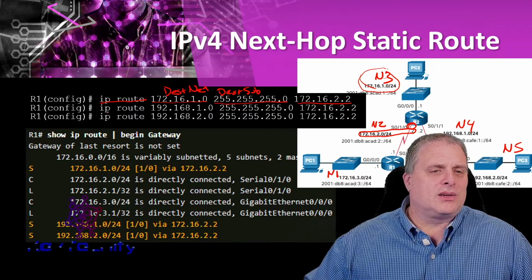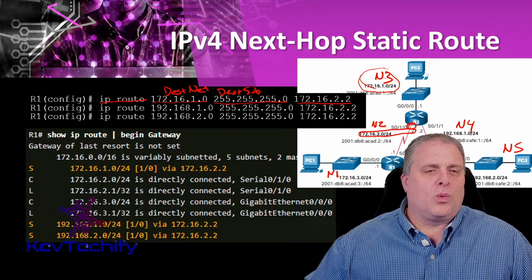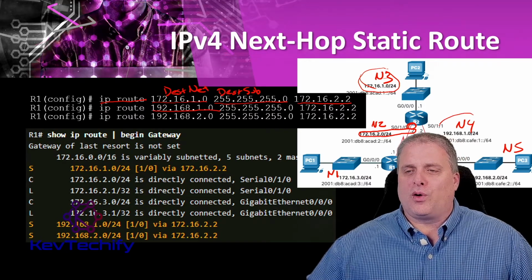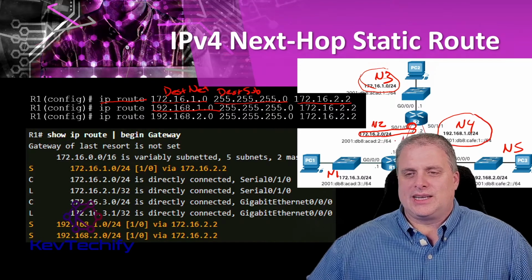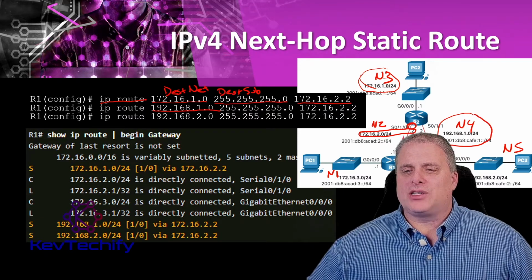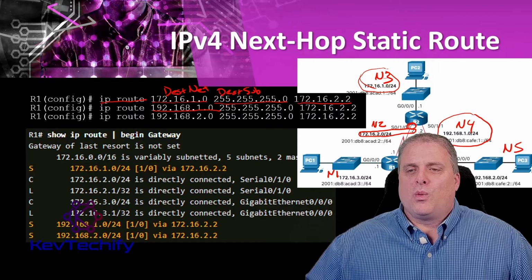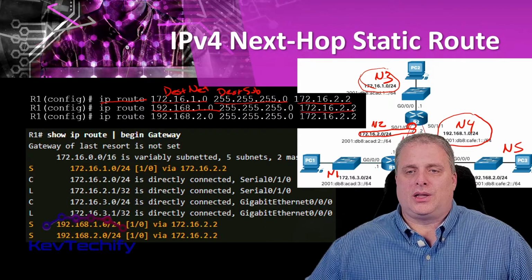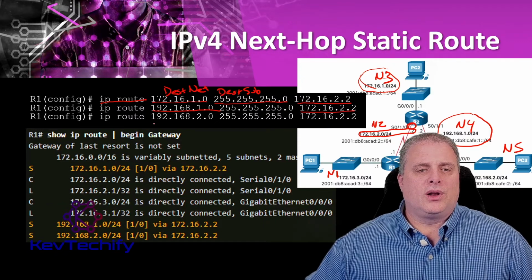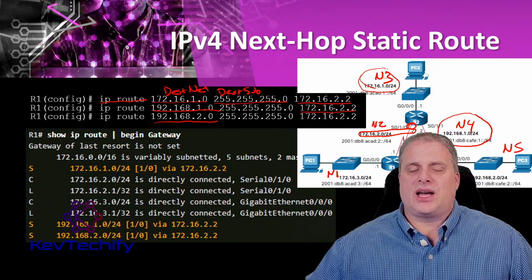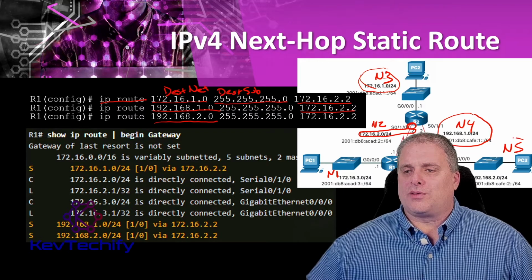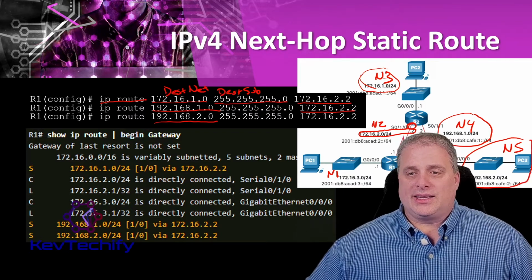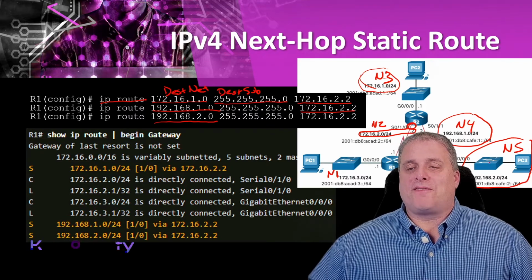Then we have the next command, IP route 192.168.1.0. That's network 4 over here. To send information that way, next hop IP address from R1 is 172.16.2.2 right there. And then finally, we have the 192.168.2.0 network. That's our network 5 address right there. And it has to get to that far network.